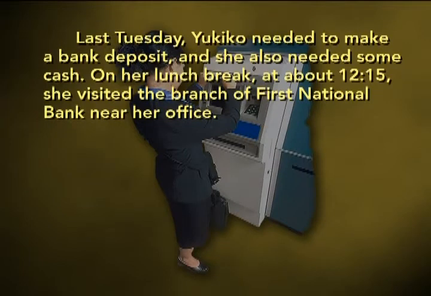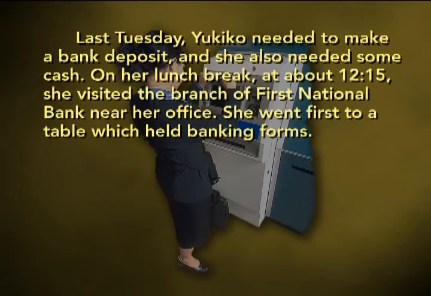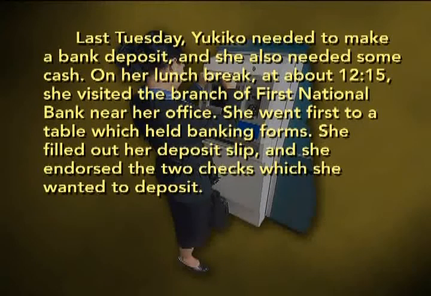On her lunch break, at about 12:15, she visited the branch of First National Bank near her office. She went first to a table which held banking forms. She filled out her deposit slip, and she endorsed the 2 checks which she wanted to deposit.